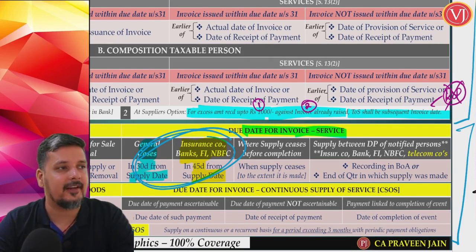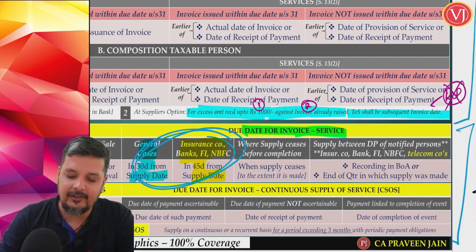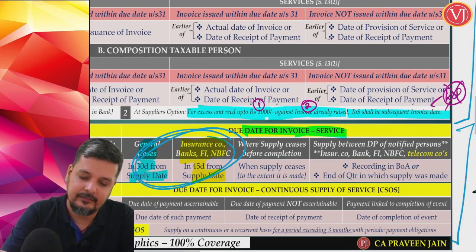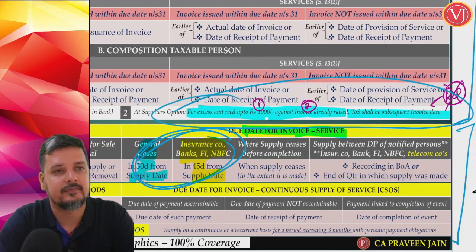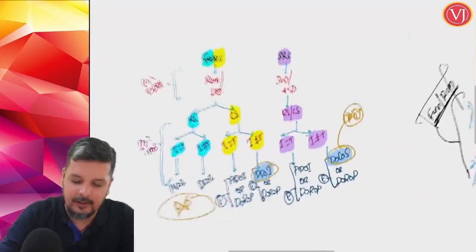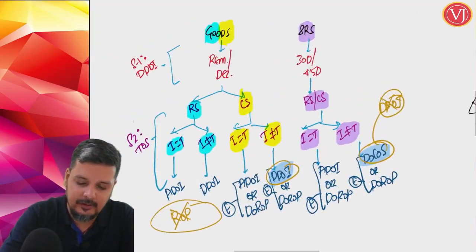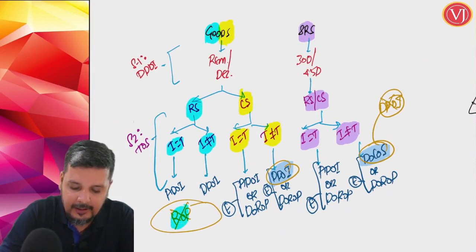Are you clear with this understanding? Whether this point is relevant for the goods sector regular scheme. This point is not at all relevant for the goods sector. By default, you ignore.